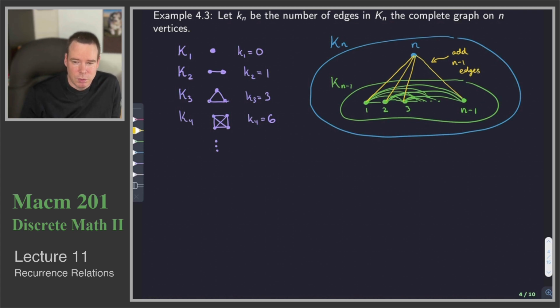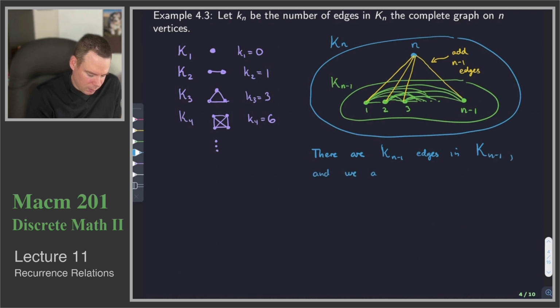We popped in a new vertex n, and then n minus 1 edges. So what does that mean? That means that we can get a count for how many edges there are in k sub n. So let's just make a few notes. There are k sub n minus 1 edges in k sub n minus 1.